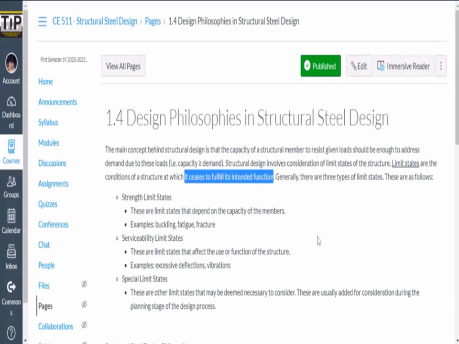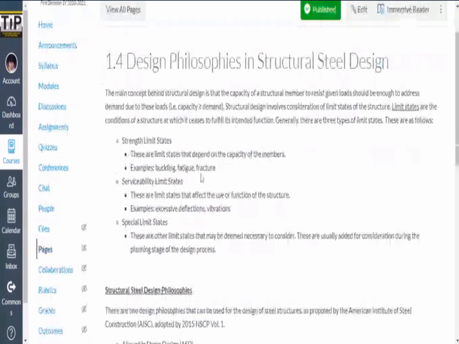So by the time, for example, even if it does not collapse, if it does not fulfill its intended function anymore, then meaning the structure has reached its limit states. Okay, so generally there are three types of limit states as follows. We have the strength limit states, serviceability, and special limit states.